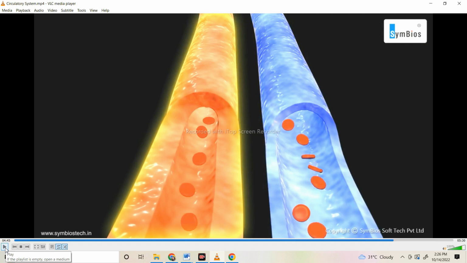Arteries move oxygenated blood away from the heart, except for the pulmonary artery, because it carries deoxygenated blood. And then veins move deoxygenated blood towards the heart, back to the heart, except for the pulmonary vein, because the pulmonary vein carries oxygen-rich blood. And capillaries are the smallest blood vessels.